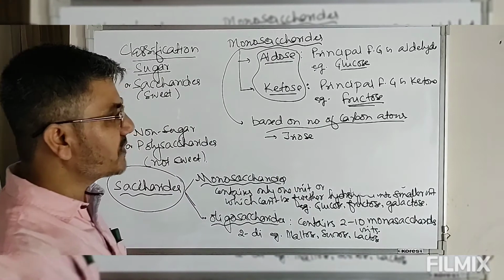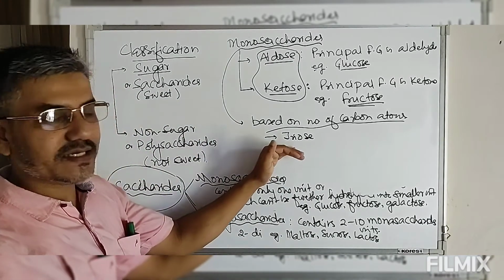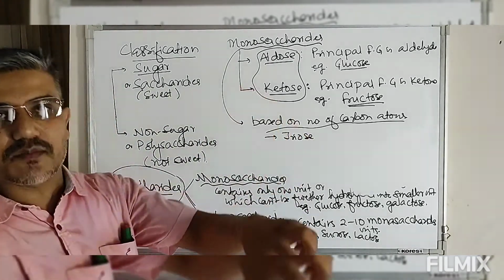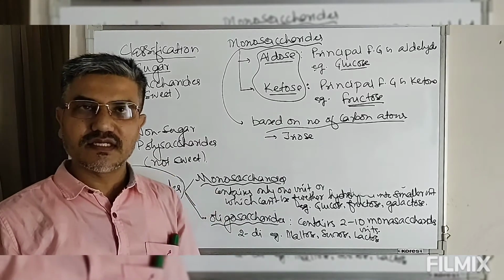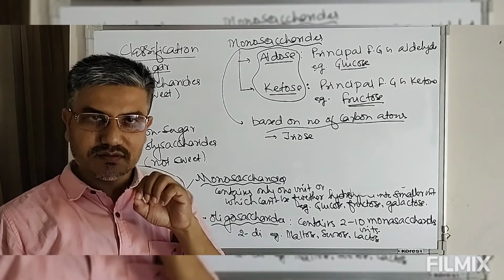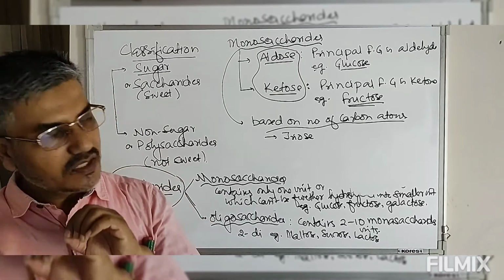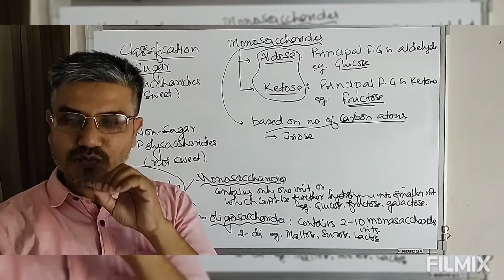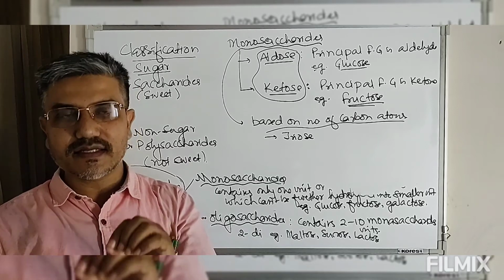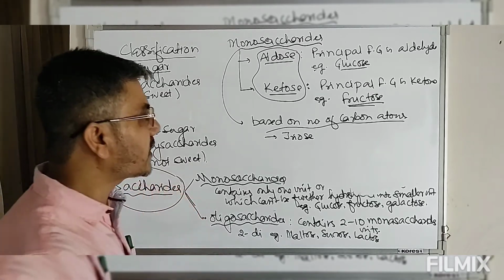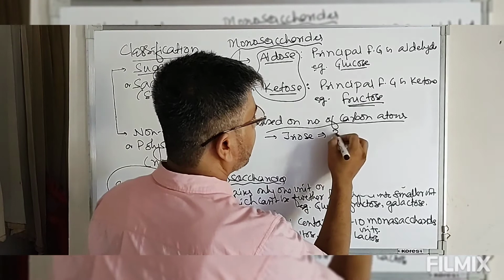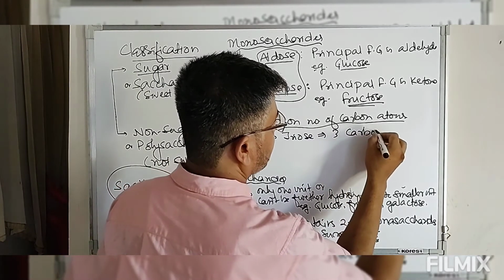Triose means those monosaccharides containing 3 carbon atoms. So the smallest value of the number of carbon atoms that can be present in a carbohydrate is 3. So the smallest unit of carbohydrate contains 3 carbon atoms. So triose means 3 carbon atoms.